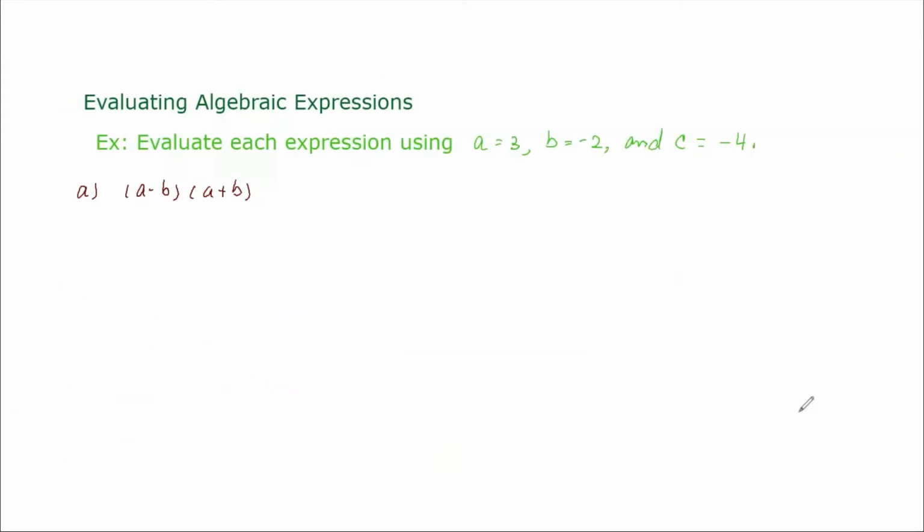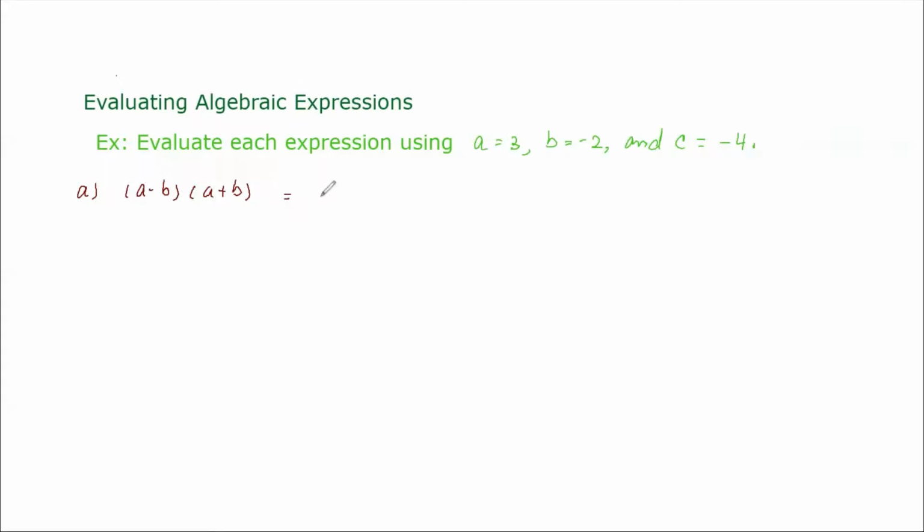Okay, so we see this kind of calculation. The first example is to evaluate the expression using a equal to 3, b equal to -2, and c equal to -4. Now how are we going to evaluate this one? You just replace each value of a, b, and c. So the first one is a equal to 3, right?